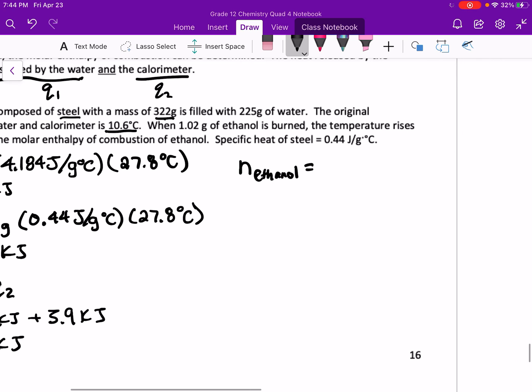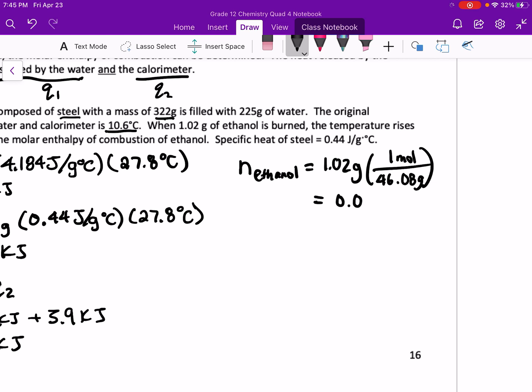We know that we have a mass of 1.02 grams of ethanol, and we have a molar mass of 46.08 grams per 1 mole. Just grabbing my calculator, 1.02 divided by 46.08 is equal to 0.0221 moles.